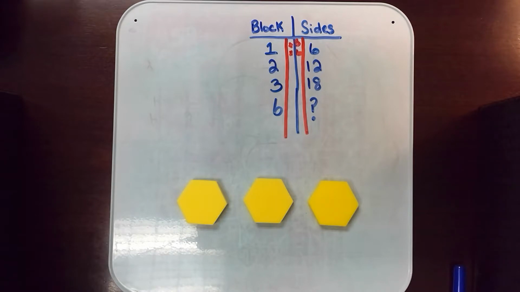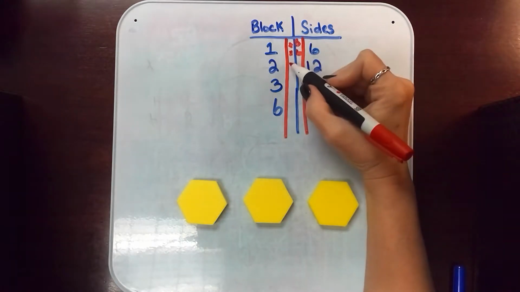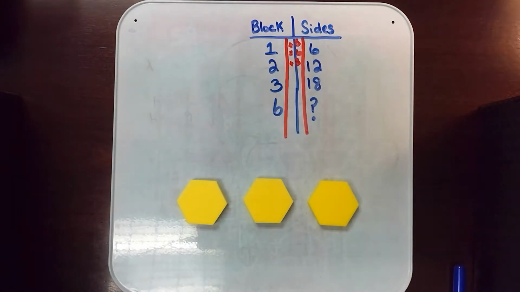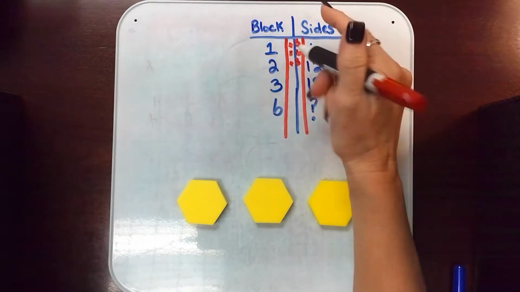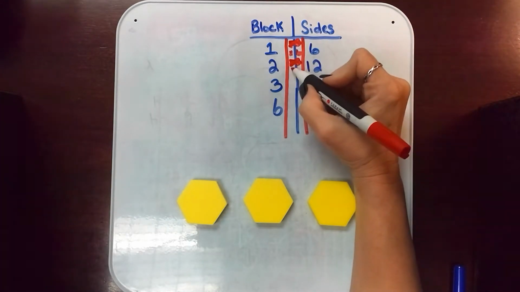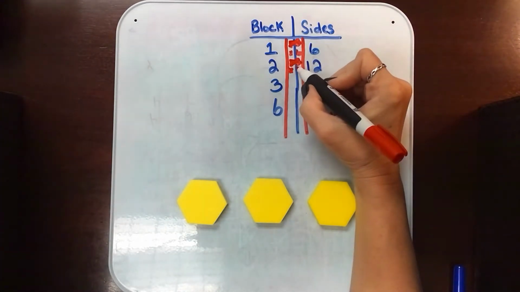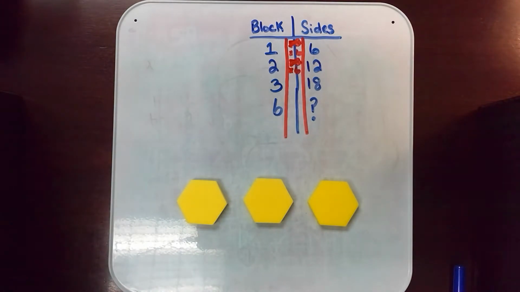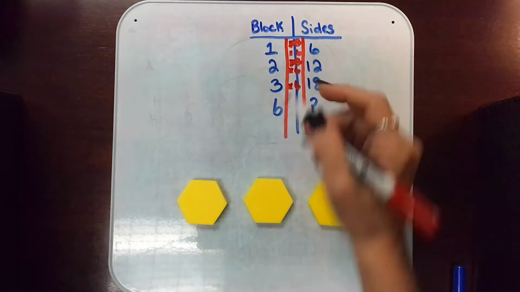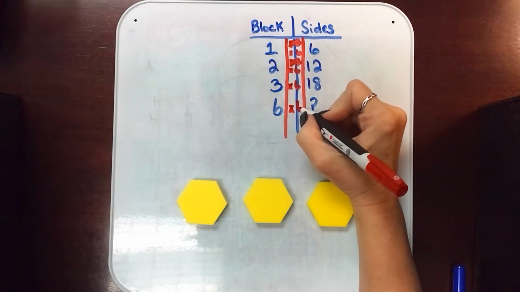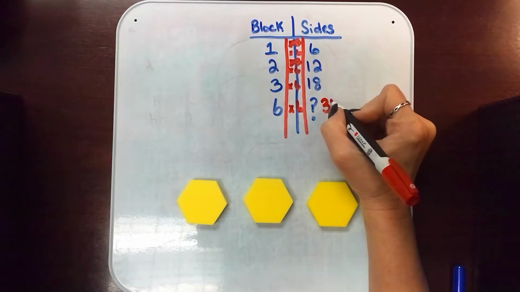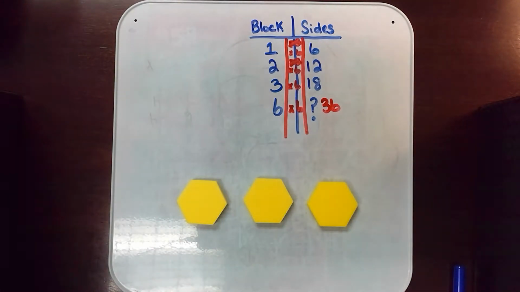So if I have 2 blocks, if I added 5, which was the first rule they told me, I would get 7 and not 12. So this plus 5 cannot be the rule. But can I do 2 times 6? Is 2 times 6 12? Yes. 3 times 6 is 18. So that means that 6 times 6 would give me the number of sides, which is 36, right?